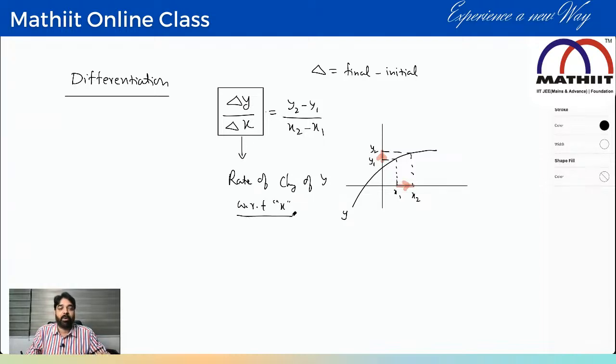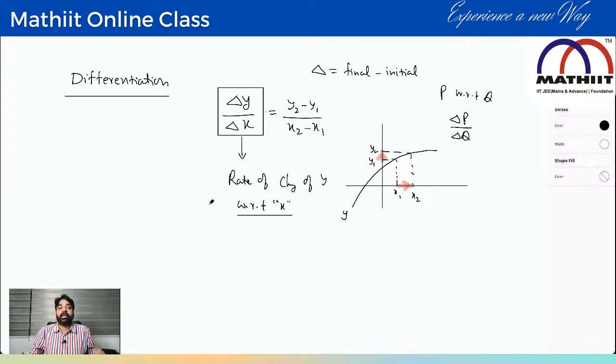This line is very important: y can change in different scenarios, but with respect to what you are talking, that matters. So this is called the rate of change of y with respect to x. If I say, what is the rate of change of p with respect to q, we'll say that will be represented by delta p by delta q. This is the representation.